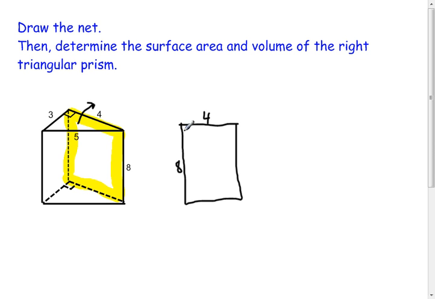And then we're going to flip that triangle up. So this side's going to be 3. You notice between the 3 and the 4, that's a 90-degree angle. And then the hypotenuse here is 5. Same thing down here. Triangle is going to be 3 and 5.